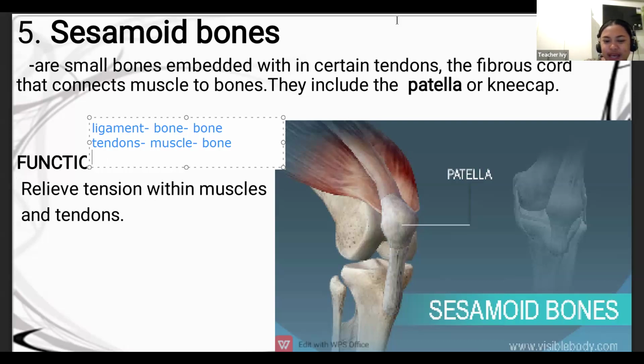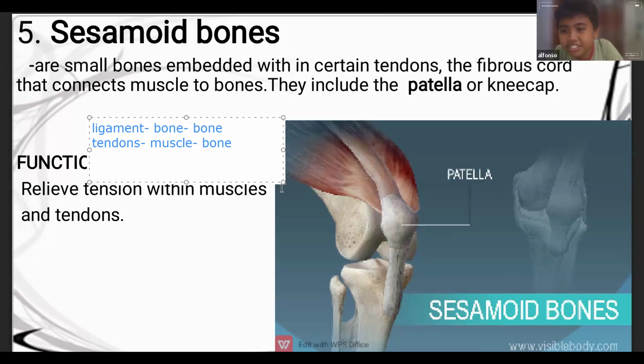Do you have no idea, Noel? I don't know, Miss. Noel really doesn't know. All right, let us give the chance to Alfonso. What is the last type, Alfonso? Joints? Joint is not a connective tissue. You will know later why joints is not a connective tissue.